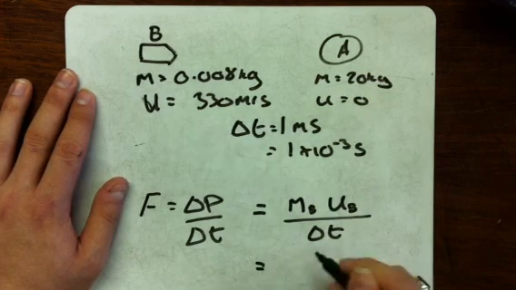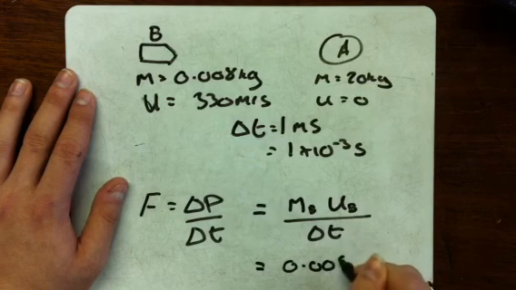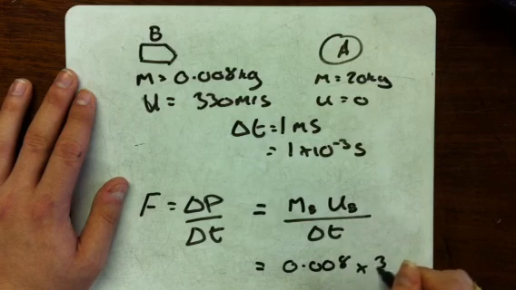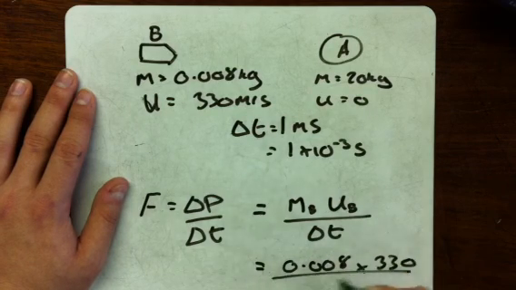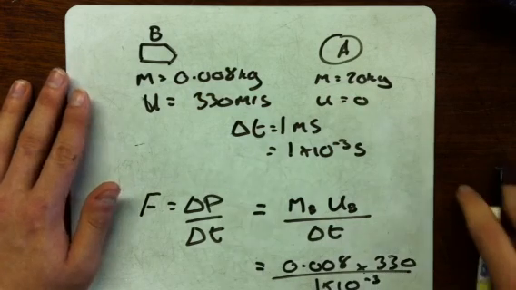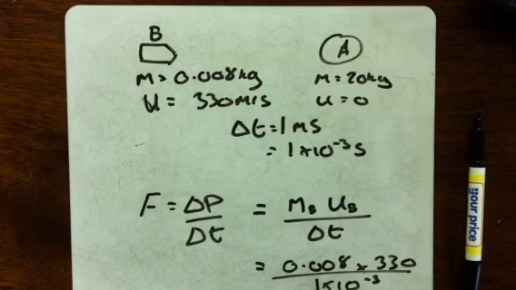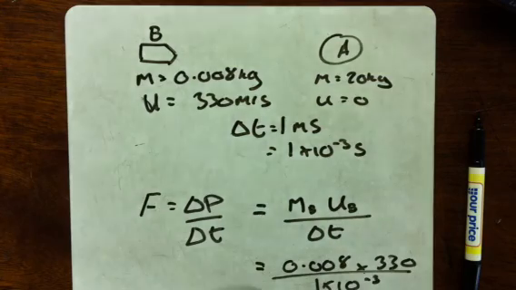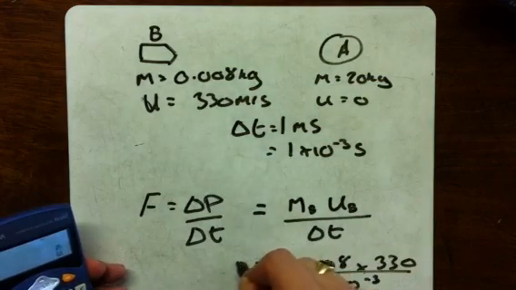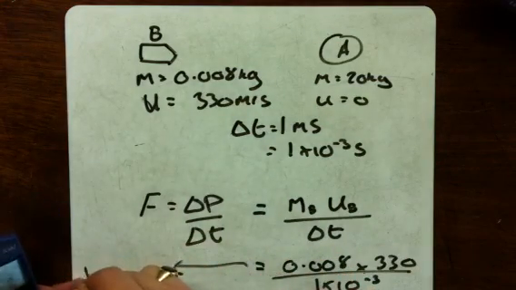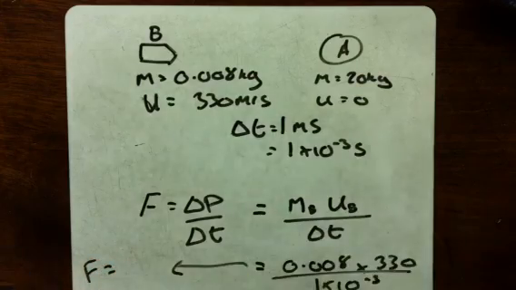So we put in the numbers, 0.008 times 330 divided by 1 times 10 to the minus 3. Now unfortunately I have completely run out of space, so I'm going to have to put my answer, well, not in the right sequence. I'll probably put it over here. F equals, have that ready.